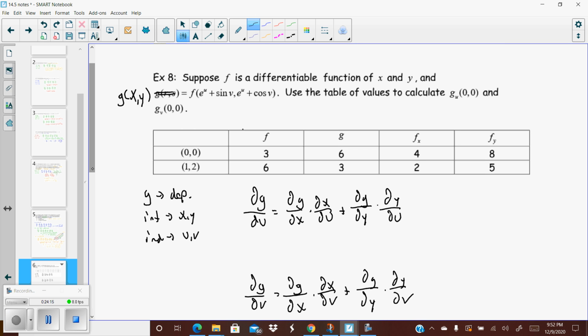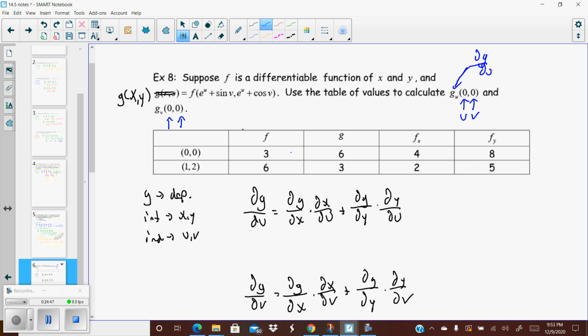First of all, this right here is the partial of g with respect to u. Okay, these are actually your u and v values. Same thing over here. These are u and v values. This is the partial of g with respect to u.